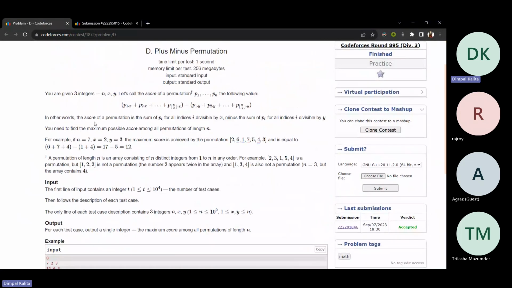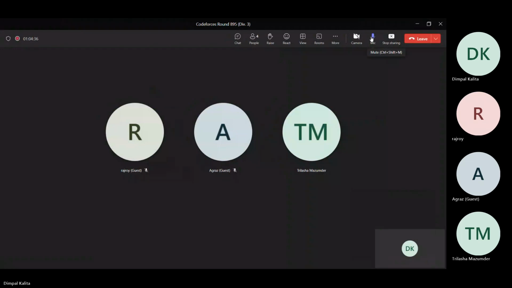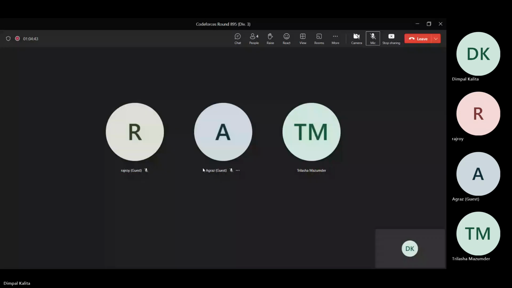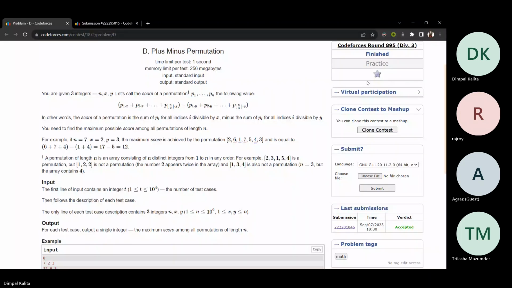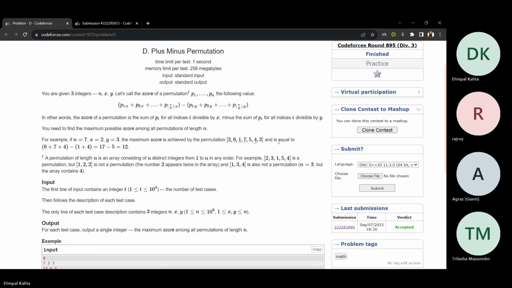Okay, this question is a plus minus permutation. So basically, in this question, we are given three integers n, x, y.